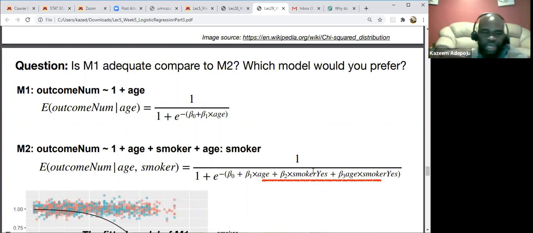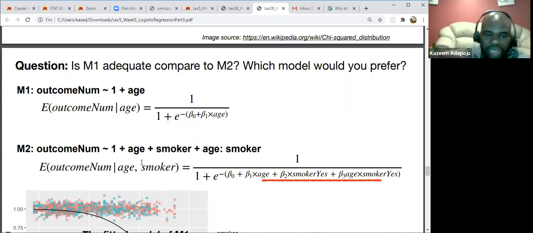So these are the two competing logistic regression models. The one I call the simpler model is looking at the effect of age on mortality, which is like looking at whether somebody is going to be dead or alive.